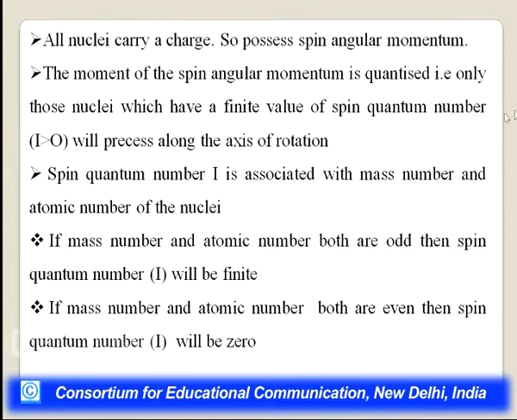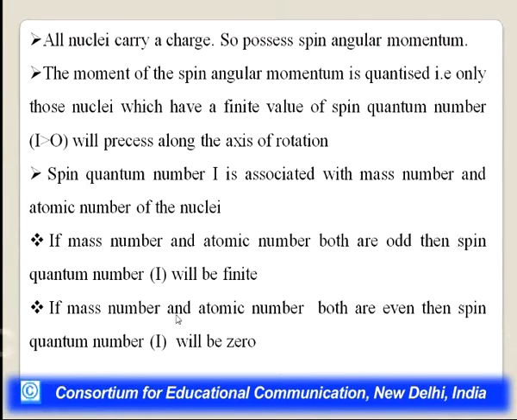So the spin quantum number should be finite. How can we say when it is finite? The spin quantum number is associated with the mass number and the atomic number of the nuclei. Simply, if the mass number and atomic number for a particular nucleus are both odd, then the spin quantum number will be finite.